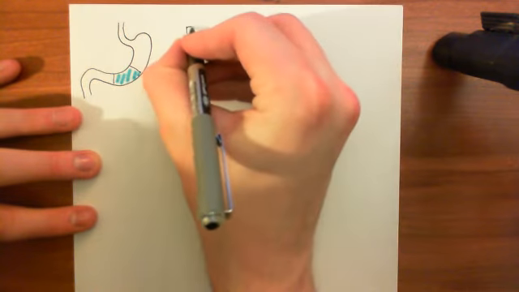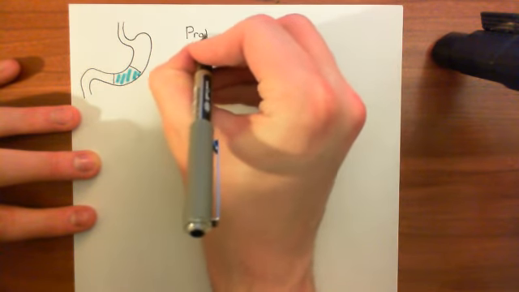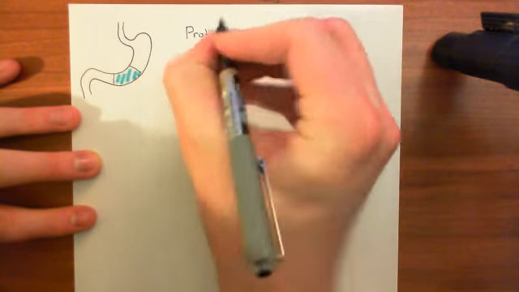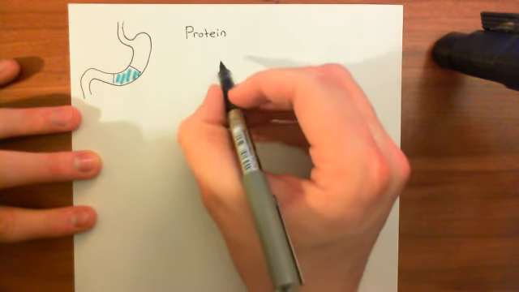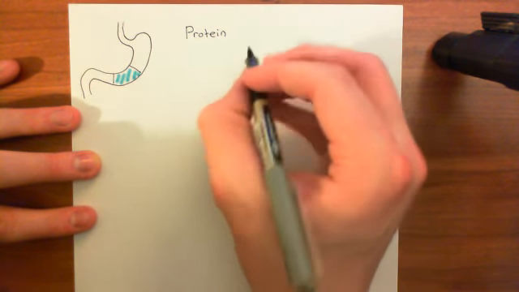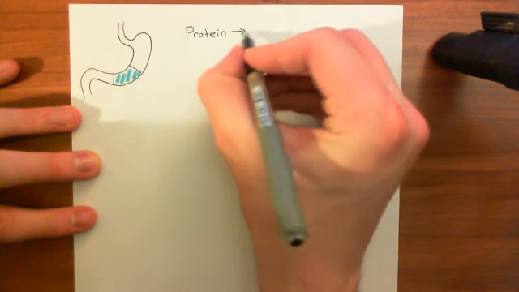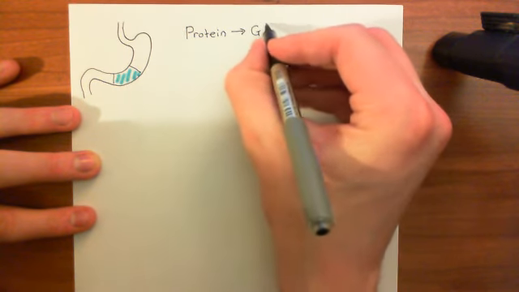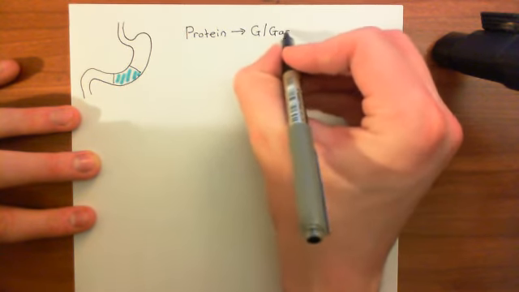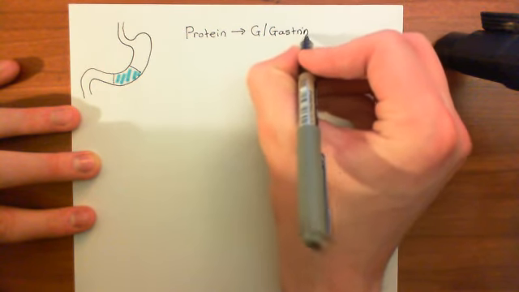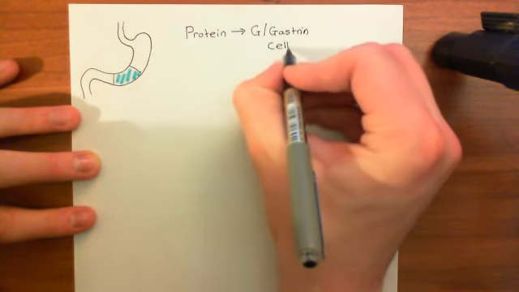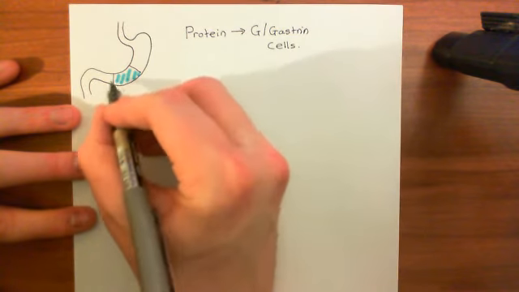So protein within the lumen of the stomach will make its way down into the gastric pits, down into the gastric glands, and will activate the G cells, which remember stood for gastrin cells, that are at the base of the gastric glands within the antral wall of the stomach.